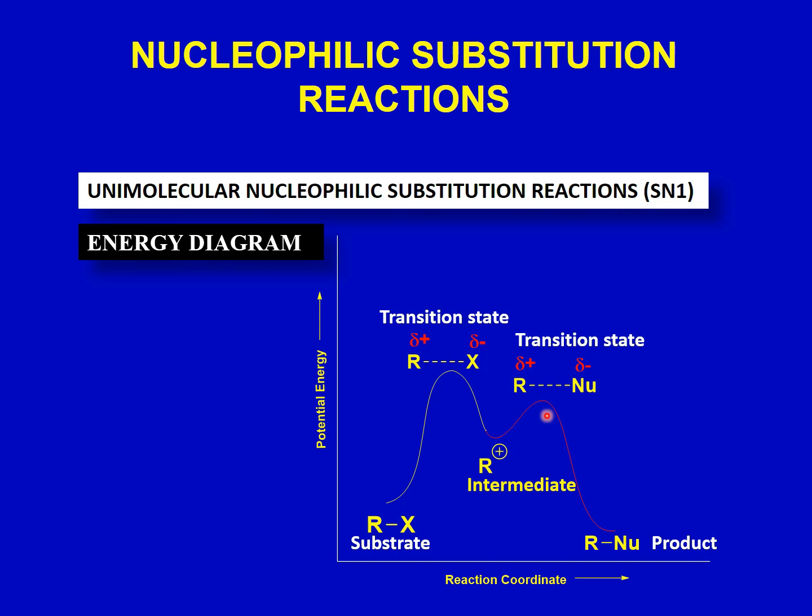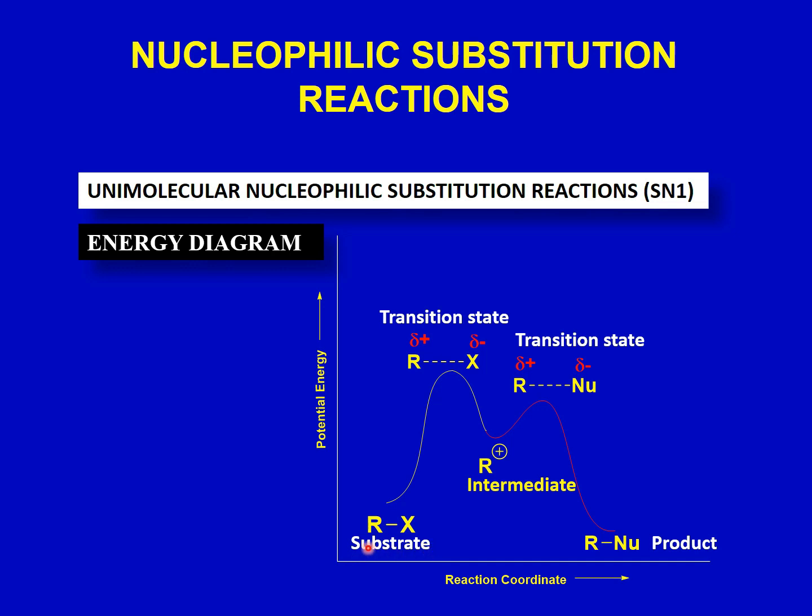Why is this so? Because in the first transition state, we are going from a neutral molecule to form a high energy intermediate. You know that charged species, whether they're positively charged or negatively charged or even radicals, are of higher energy than neutral molecules.